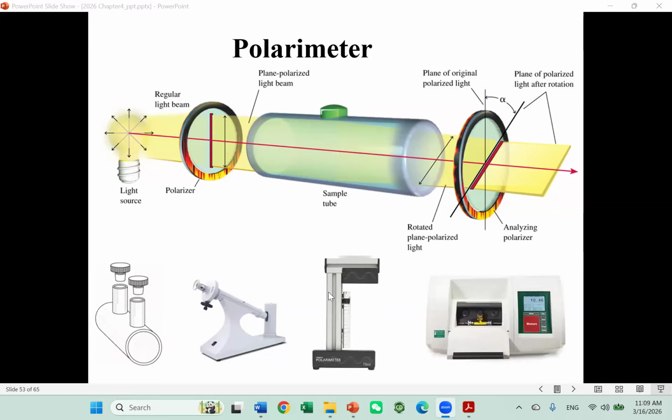You put your sample in the sample cell, and the instrument can automatically read how many degrees it rotates the polarized light. In our environment we have the middle one, and if you go to some research schools, they have more advanced digital ones.